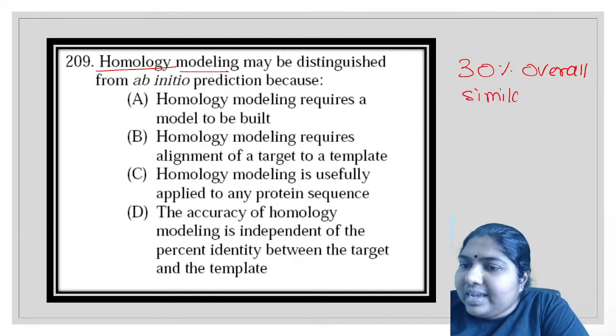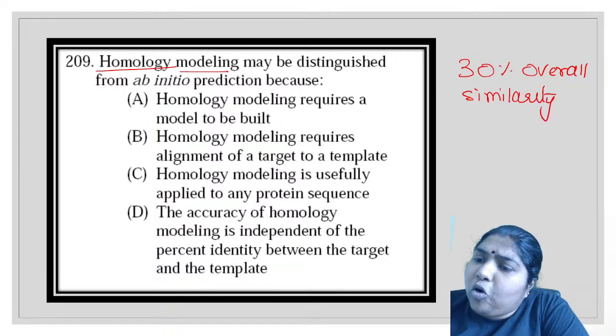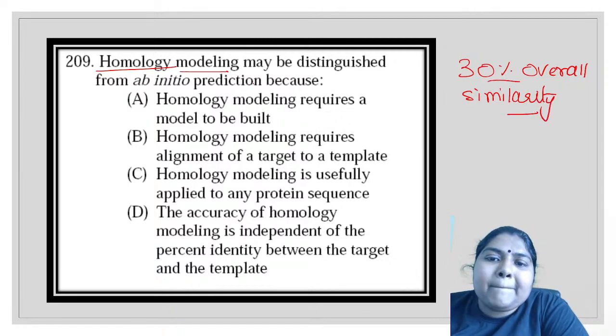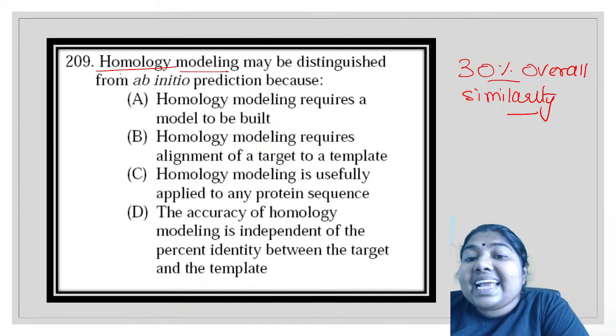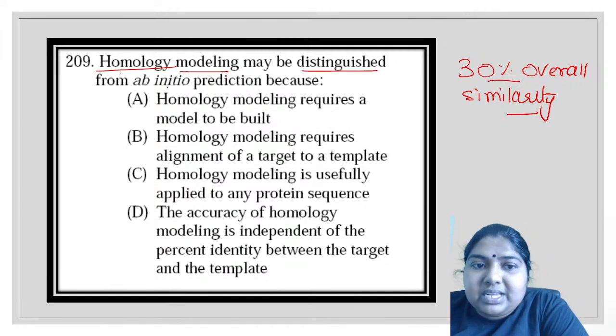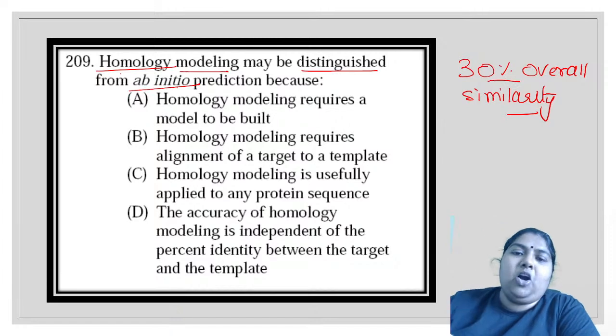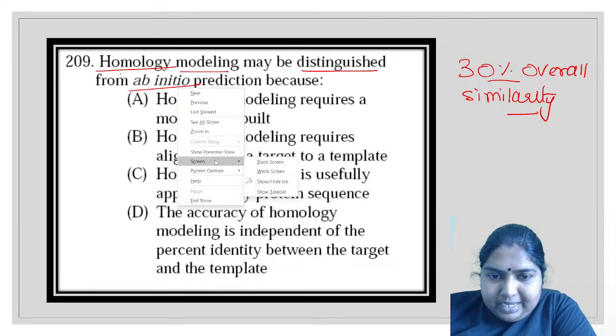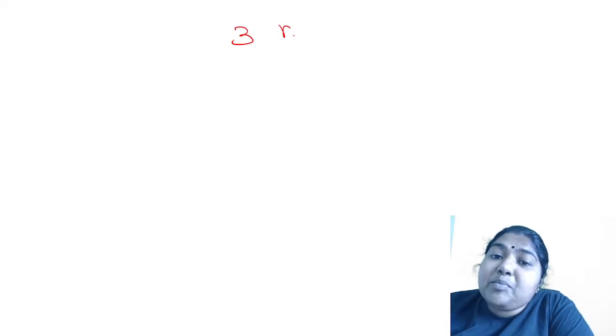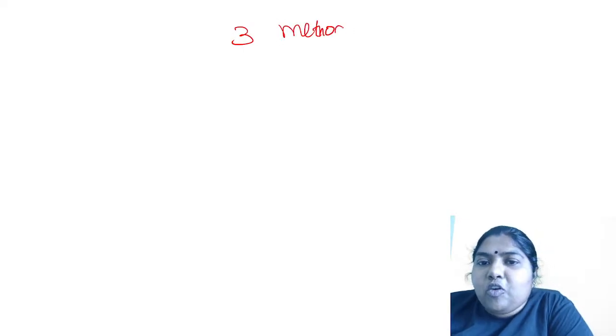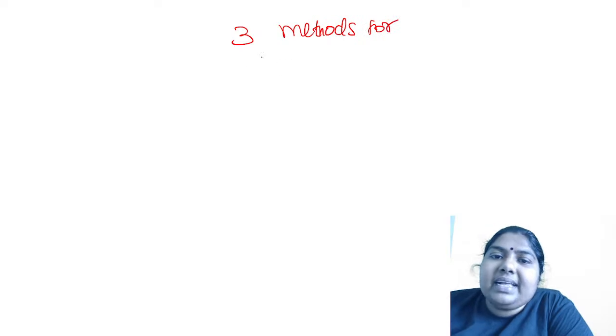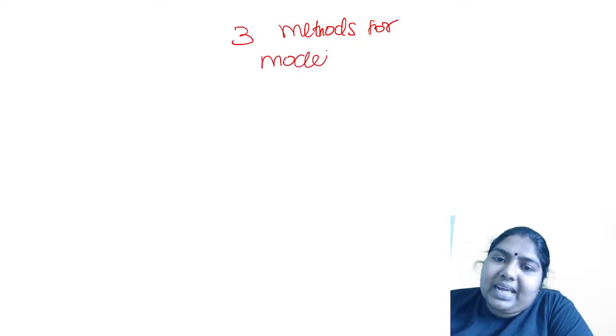So it should have 30% overall similarity. This homology modeling can be distinguished from ab initio. Before going into that point, I'll tell you what these are. There are three major methods for modeling.